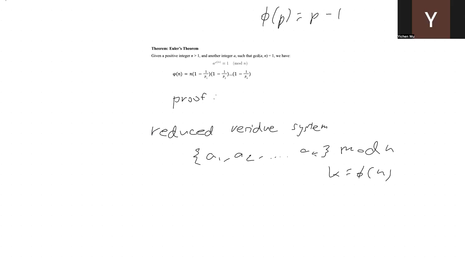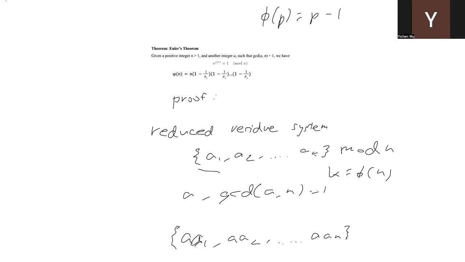Then if we let a be an integer such that GCD of a and n is 1, and we multiply a to every single remainder in this system, we get a·a1, a·a2, ..., a·ak. Because the above is a reduced residue system, this is still a reduced residue system.